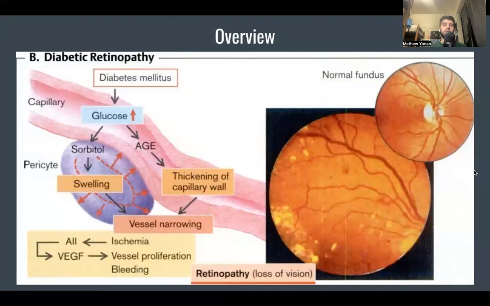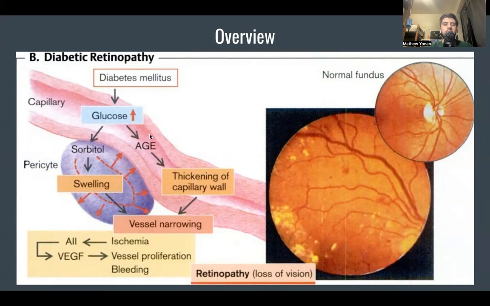Okay, so we have our overview here. We start with diabetes mellitus, right? Because it's diabetic retinopathy. Type 1 or type 2, and it can sometimes occur in pregnancy because of hyperglycemia. So we start at the capillary level. We're not going to talk about sorbitol, okay?